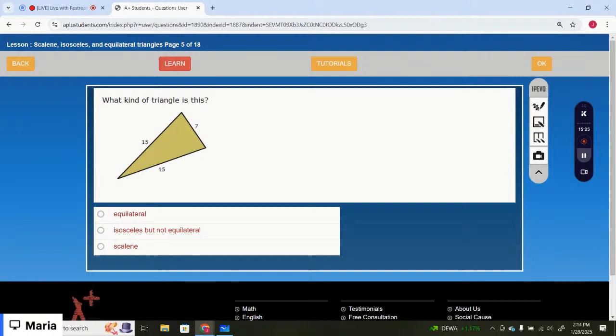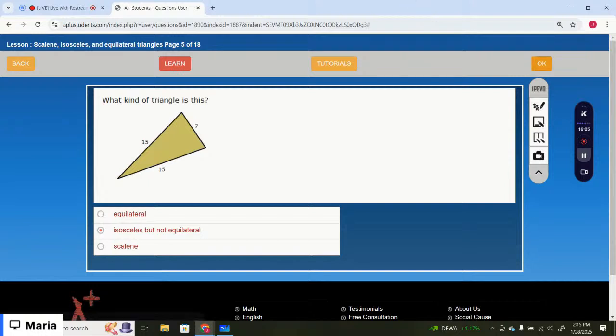What kind of triangle is this? The correct option is the one that has two sides equal in measurement, right?